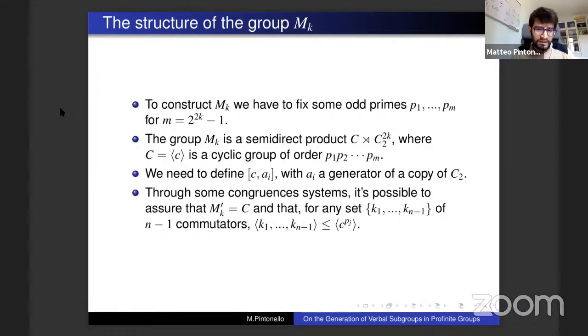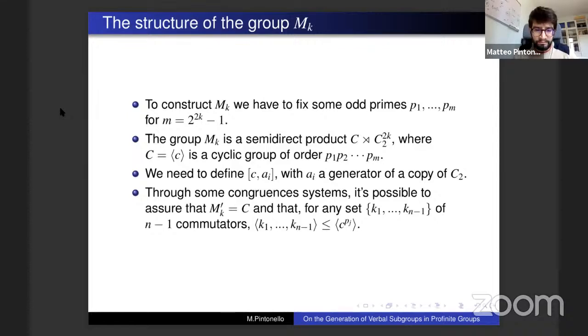And in that way, it is possible to assure that the derived subgroup is the whole cyclic group, and that for any set of less than n commutators, these commutators generate a proper subgroup of the cyclic group C.